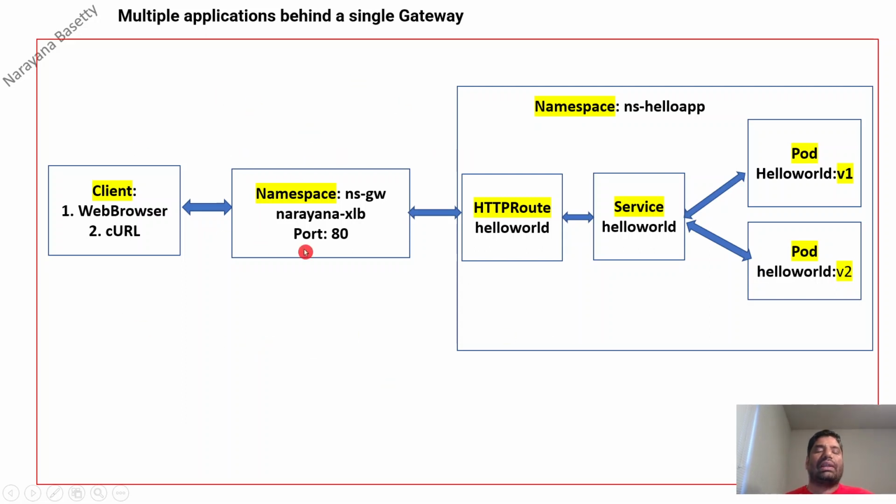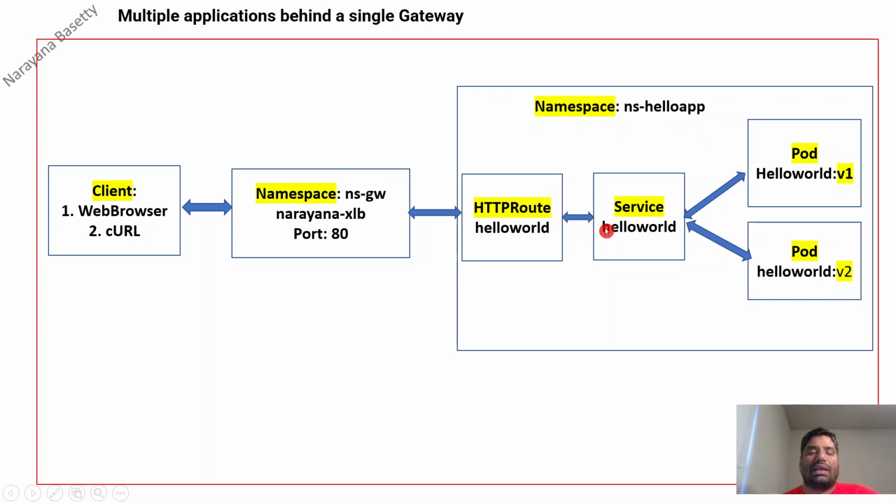So this is my realistic deployment architecture for the demonstration. I can use either a web browser or curl for testing this. I'm going to create a namespace, NS GW gateway, and the name of that gateway is Narayana XLB, an external load balancer, which is going to run on port 80. That means the running Kubernetes engine is going to have one namespace, and then I'm creating another namespace called NS Hello App.